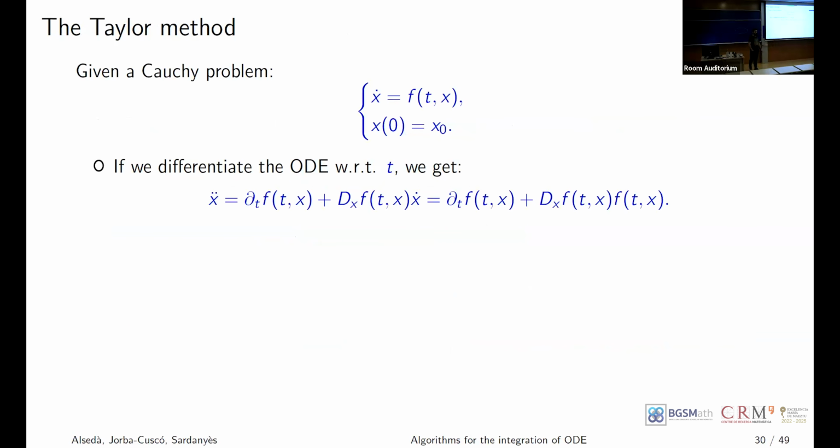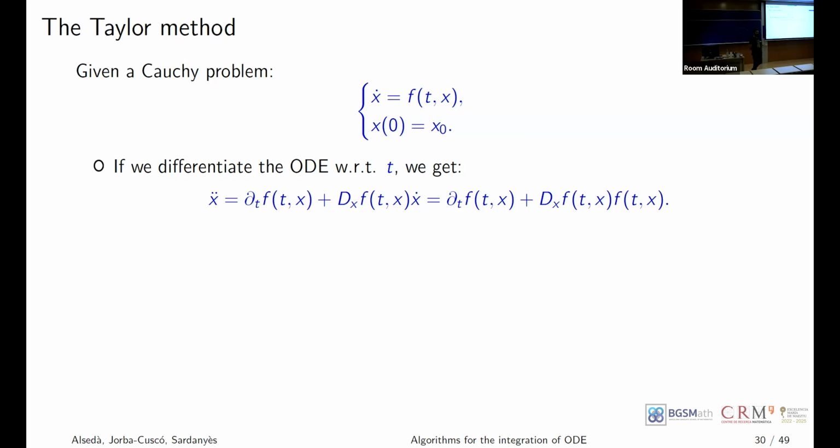So, third method. I've just done looking at the future, looking at the past, and now I'm going to look better at the present, which is the Taylor method. The Taylor method is very simple.